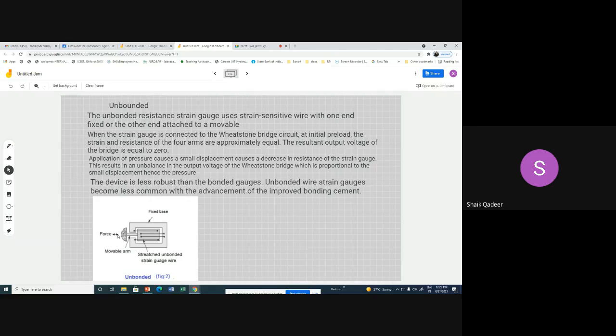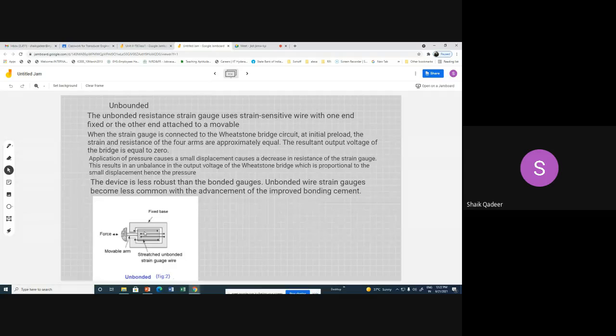Because of this, what happened? You see, there is a wire connected between a movable arm and a fixed arm. Are you able to observe this? The wires either get stretched or compressed, due to which some strain gets applied, and that we can measure with the help of the means available.